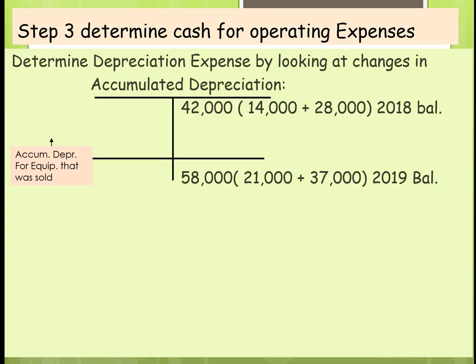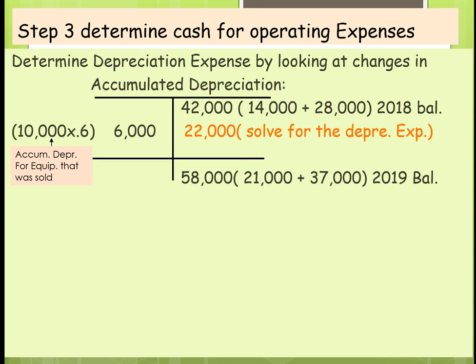Now we're going to look at operating expenses. We're going to adjust for accumulated depreciation because depreciation is a non-cash item. So we have to solve for it. We know that we sold equipment and we had to take out $6,000, which means $22,000 was depreciation expense.